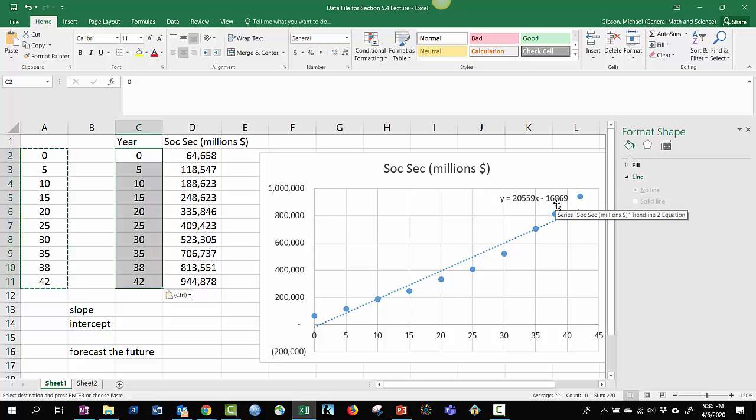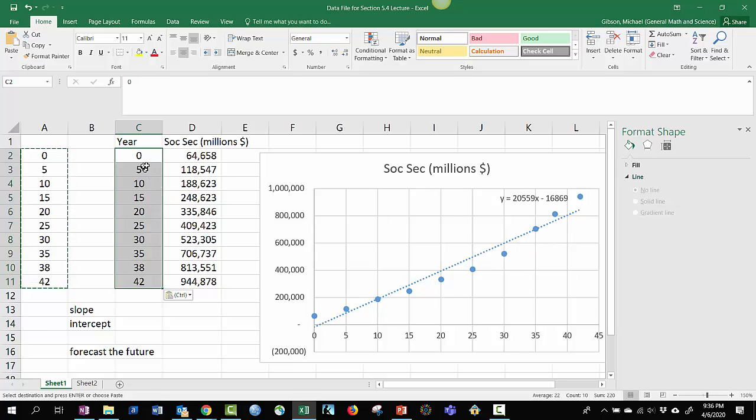Watch what happens if I do copy, right click, paste values. Look what happens. See, the slope is the same. The y-intercept is now negative 16,869. That's the starting value, or the value in year 0 on our fitted line.